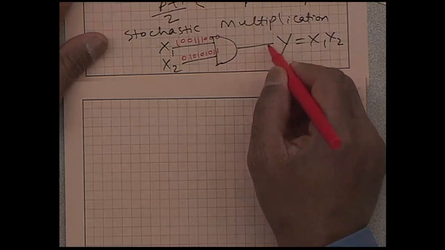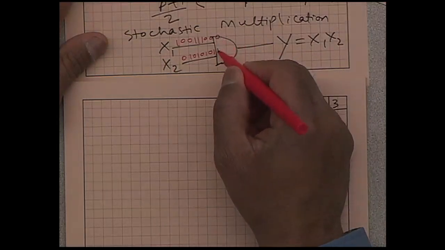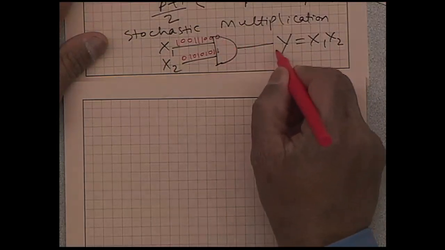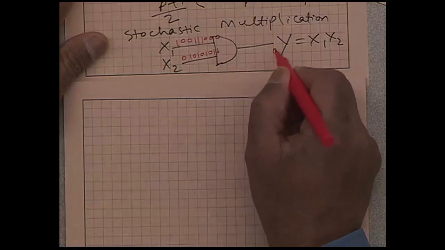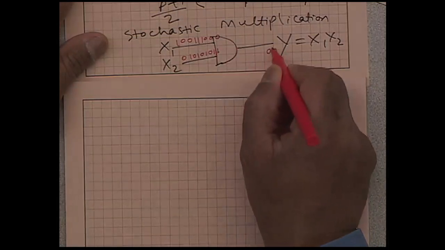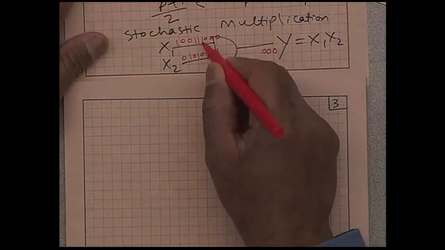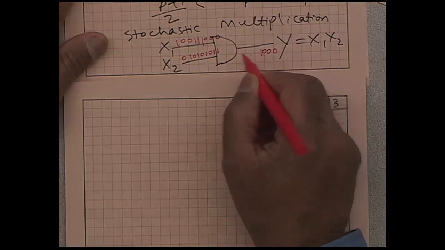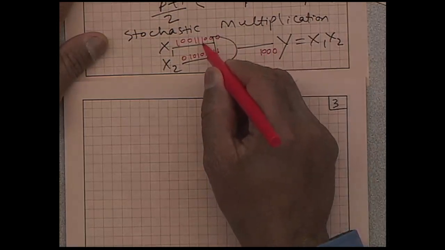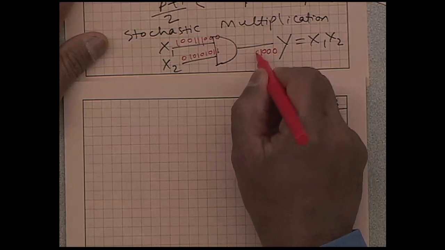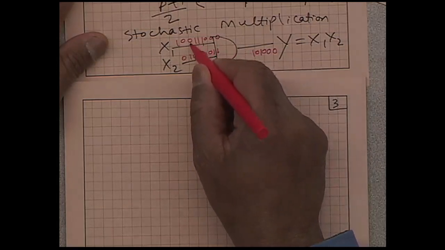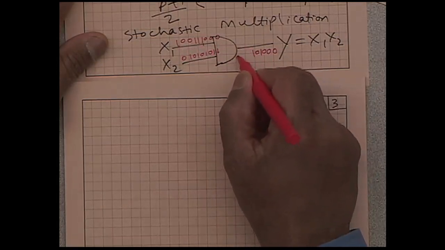What's really the output? 0 times 1 is 0, 0 times 1 is 0, 0 times 0 is 0, 1 times 1 is 1, then 0, another 1, 0, 0, 0.